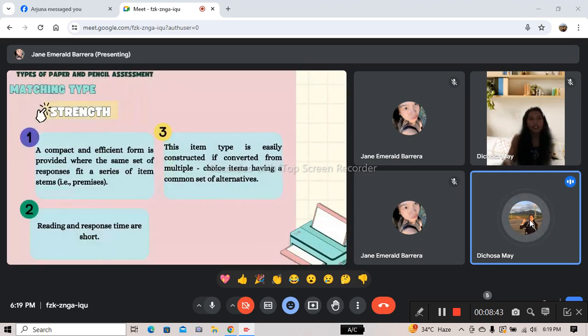Next is the number 3 strength of matching type. This type is easily constructed if converted from multiple choice.